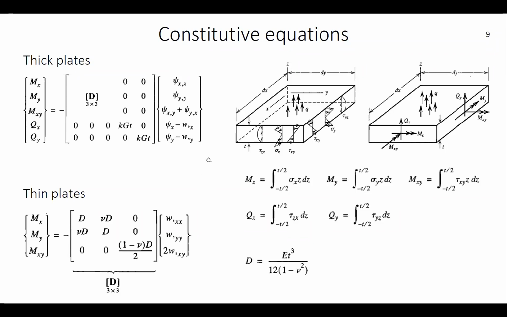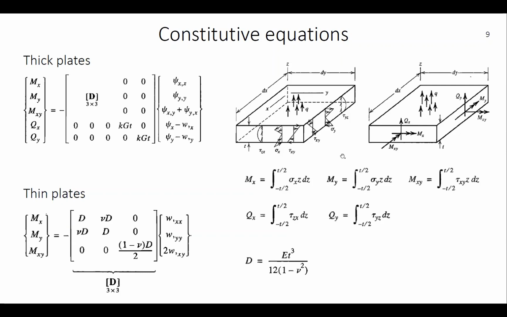And if you look at a small section of the element dx dy in the same coordinate system, subjected to some external load q here, and we look at the section forces for the general case of thick plates, we have bending moments mx and my, twisting moment mxy, and the shear forces qx and qy.